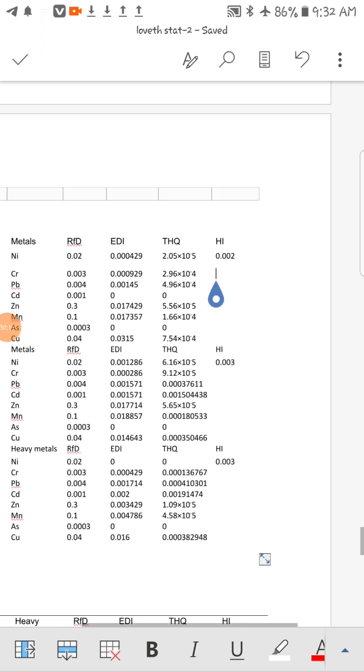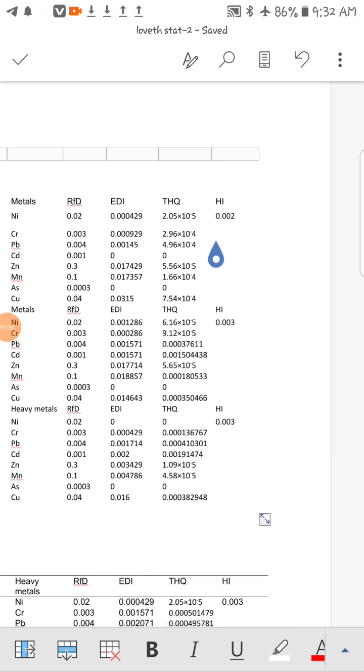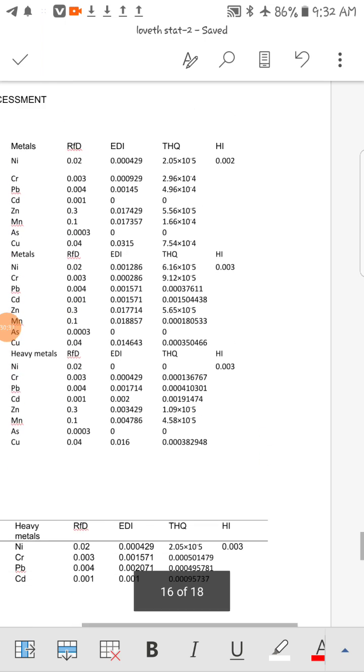Though there is bioaccumulation, the accumulation level is still minimal. If I'm comparing to the reference dose, you can still see that if man takes all those things, though the concentration is there, it's not significant to the point of hazard.